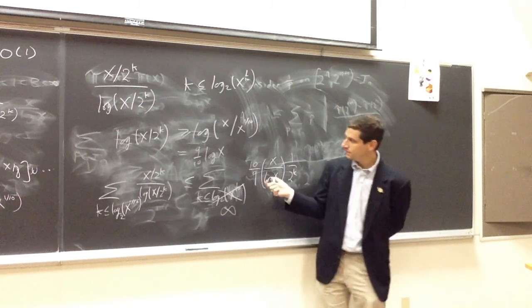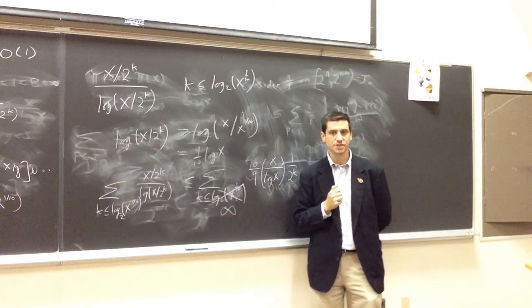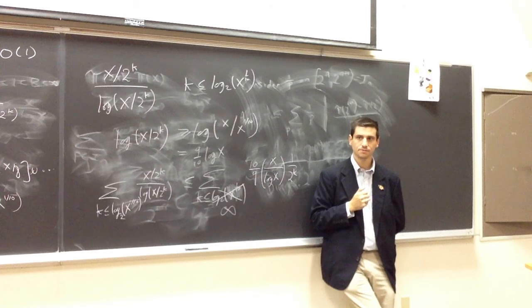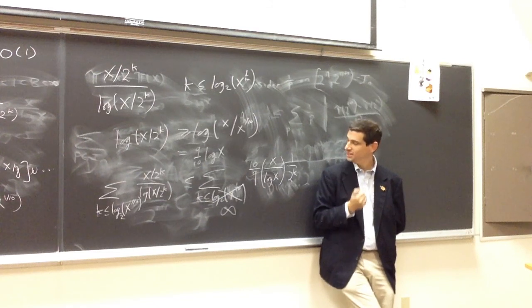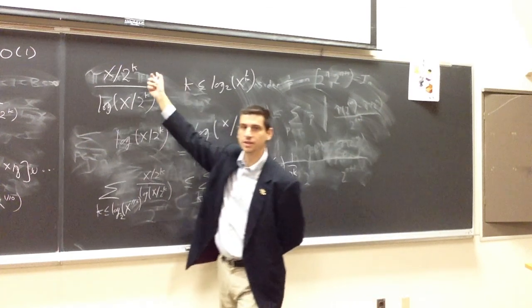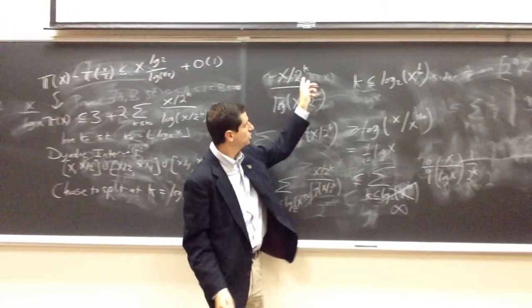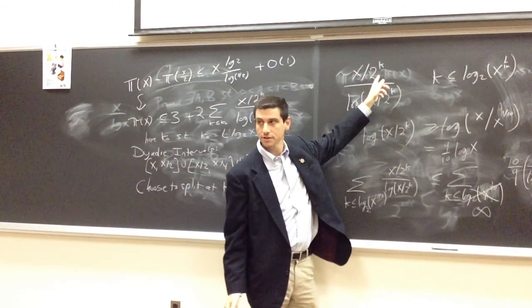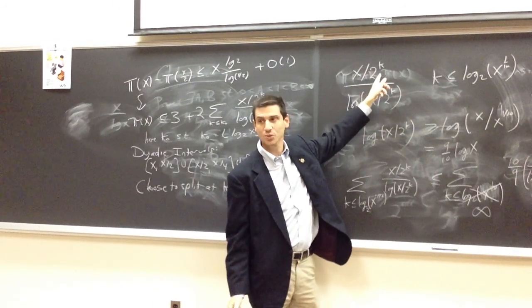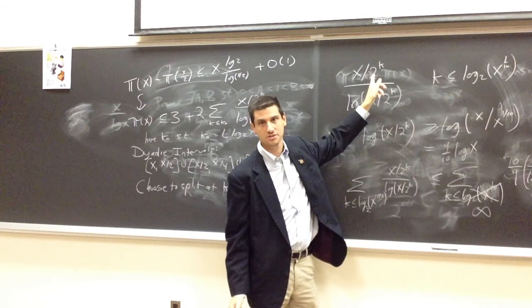now, as k gets very large, are my terms really of size x over log x? As k gets close to log of x to the 1/10, are my terms really as large as x over log x? What happens when I put k equals the log of x to the 1/10? I'll get x over x to the 1/10, which is x to the 9/10.